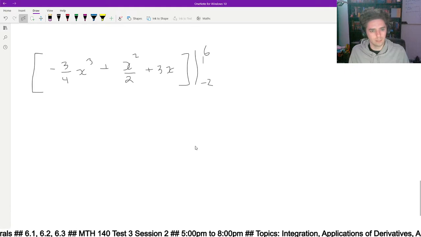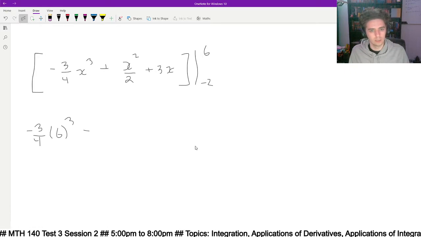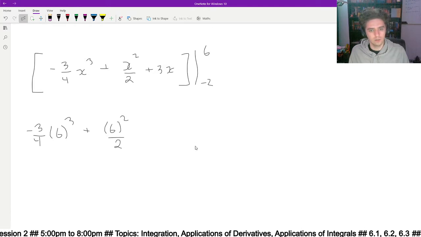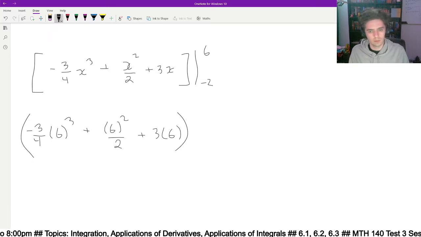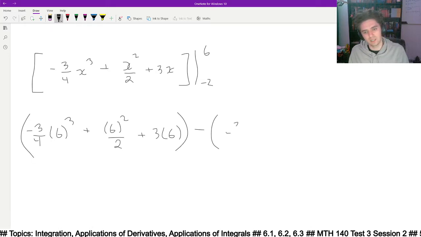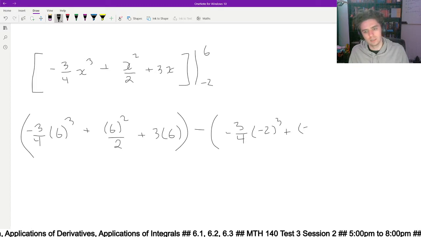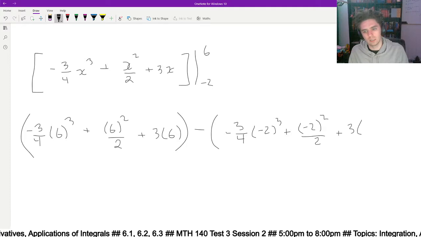And then we evaluate it at the upper limit. So it's going to be -3 over 4 times 6 cubed plus 6 squared over 2 plus 3 times 6, minus evaluate at the lower limit. So -3 over 4 times -2 cubed plus (-2) squared over 2 plus 3 times -2.